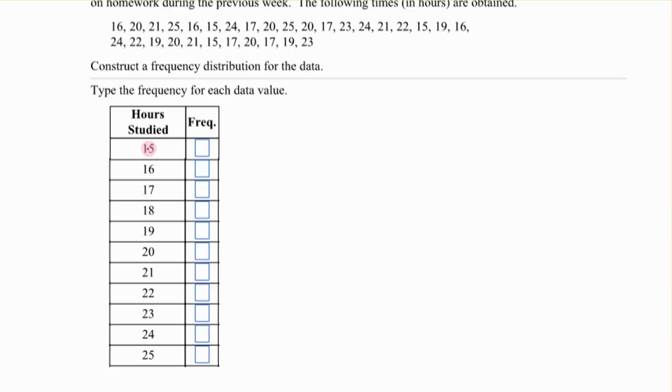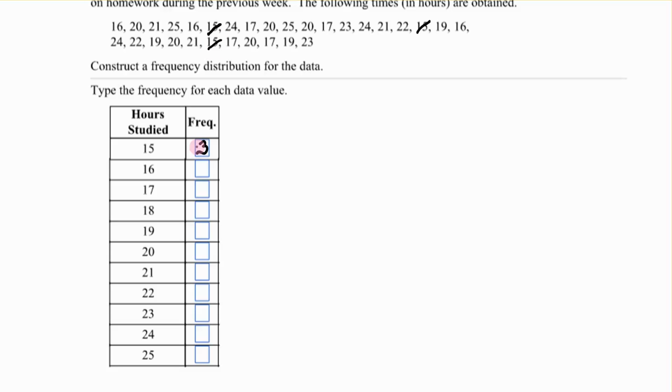All right. How many people reported that they studied 15? Well, I'm going to mark them off so I know that I've used them up. So that's 1, 2, 3. The frequency there is 3.